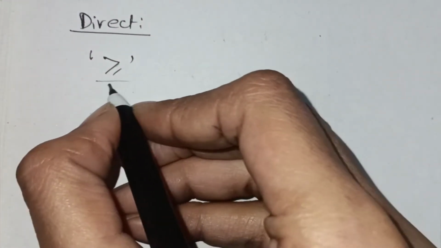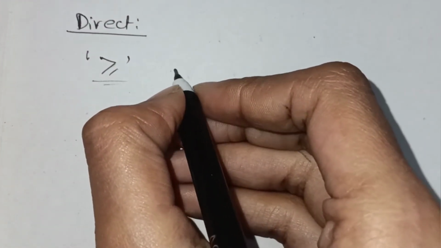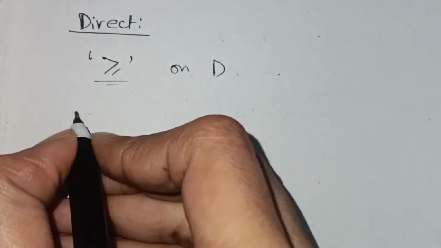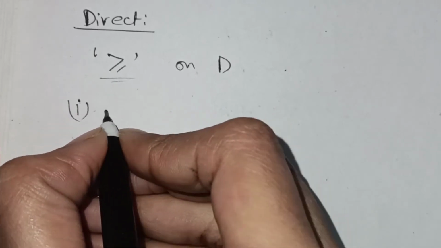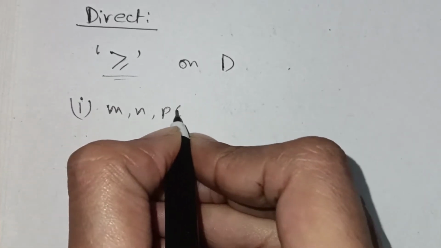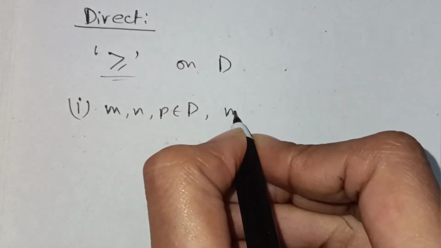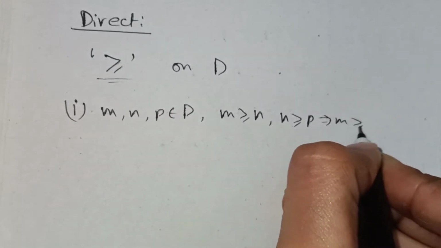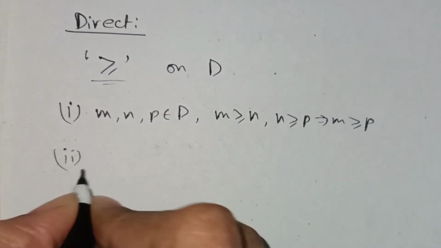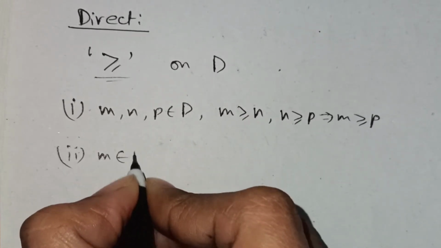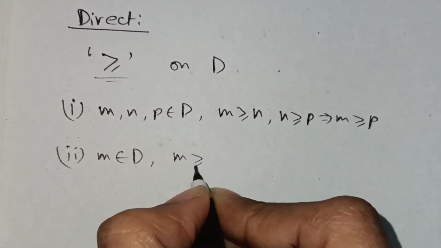The second definition is direct. This sign ≥ is a binary relation on D, said to be a direct if, first, this relation is transitive, that means for any m, n and p in D, m ≥ n and n ≥ p means m ≥ p. Second, this relation is reflexive, that means for any m belonging to D, m ≥ m.